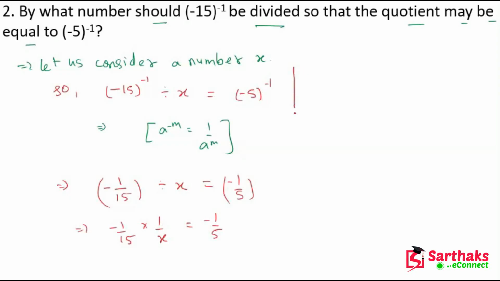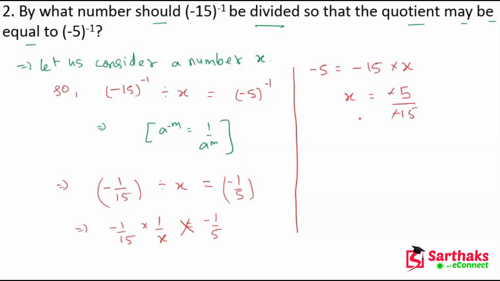Understand my dear friend? Now after cross multiplying, here we get minus 5 is equal to minus 15 into x. So x will become minus 5 upon minus 15.